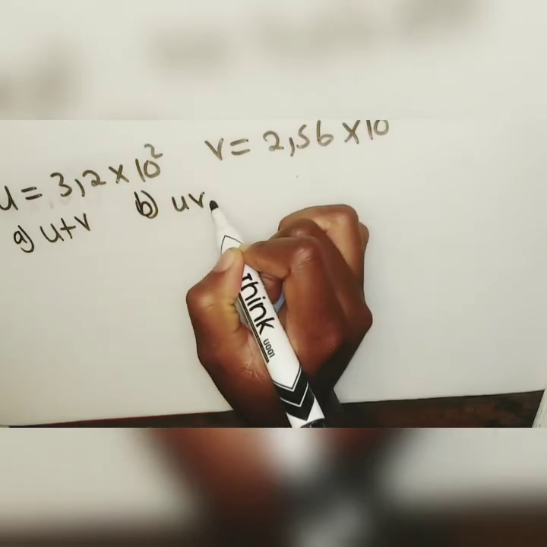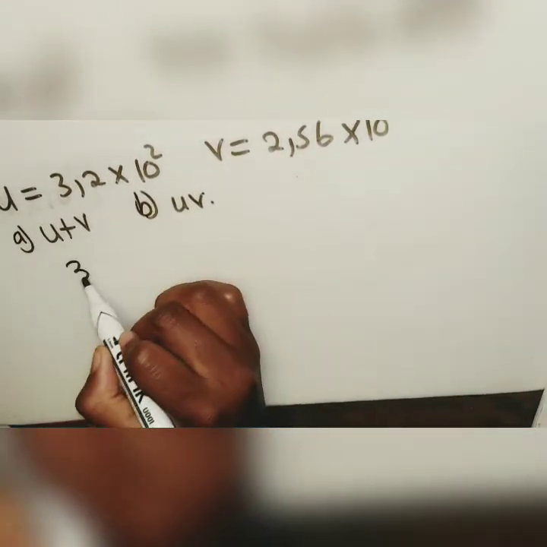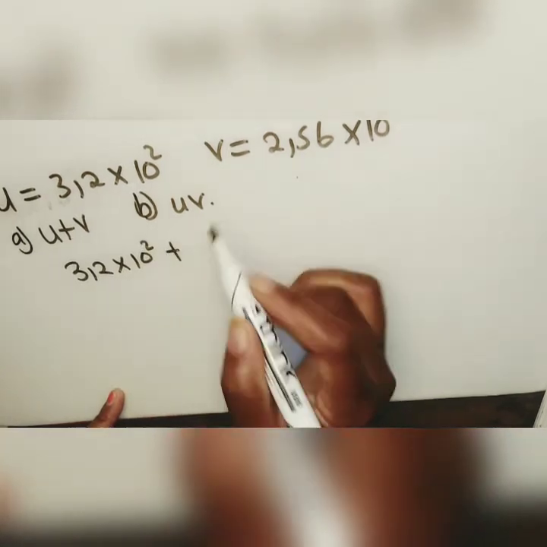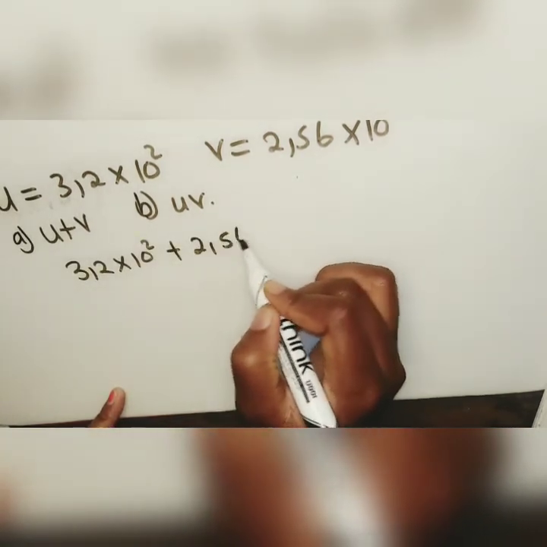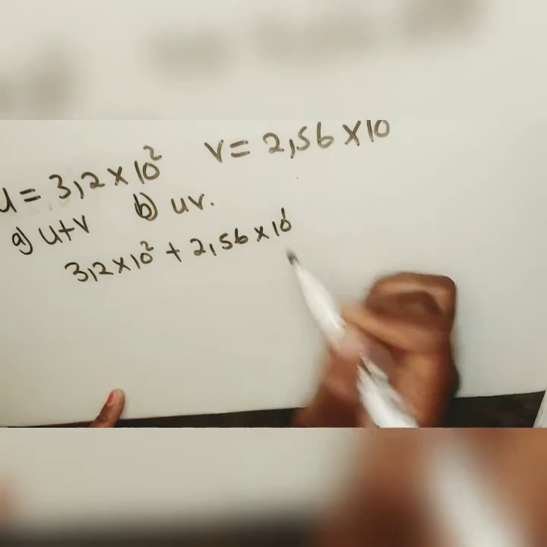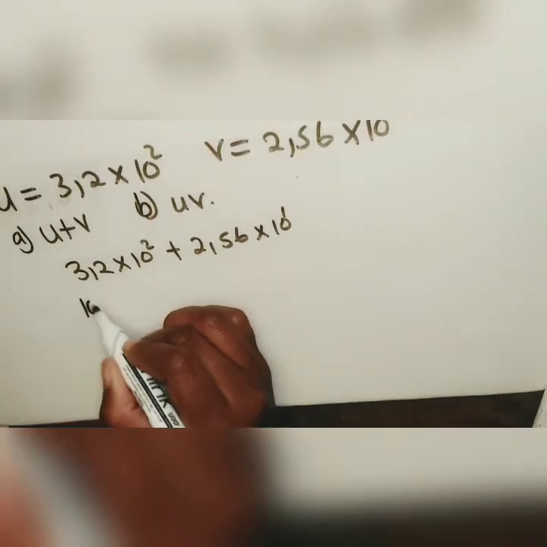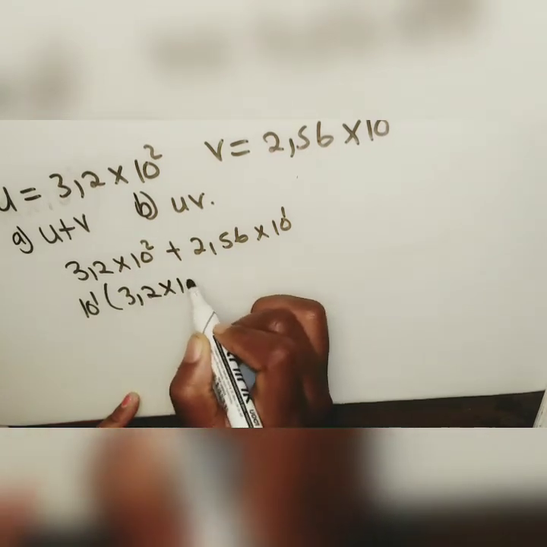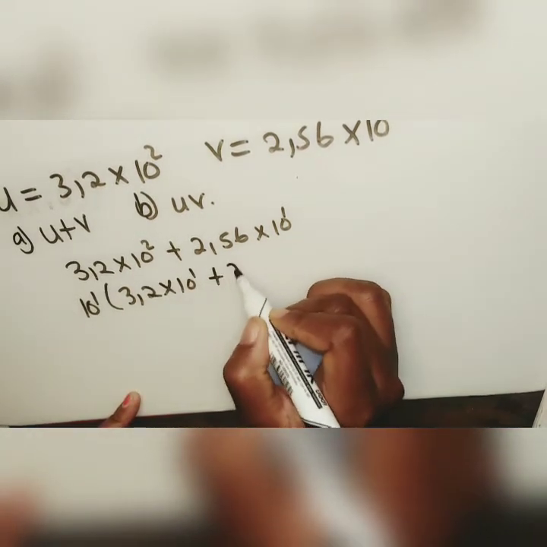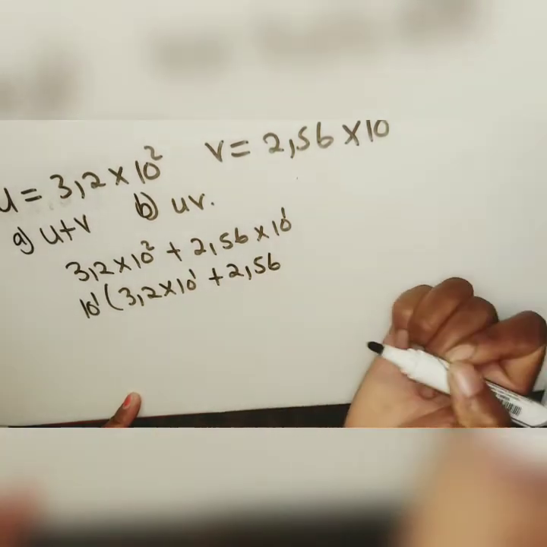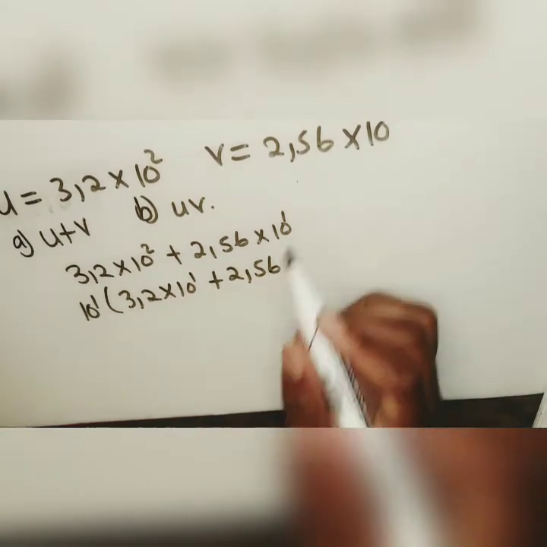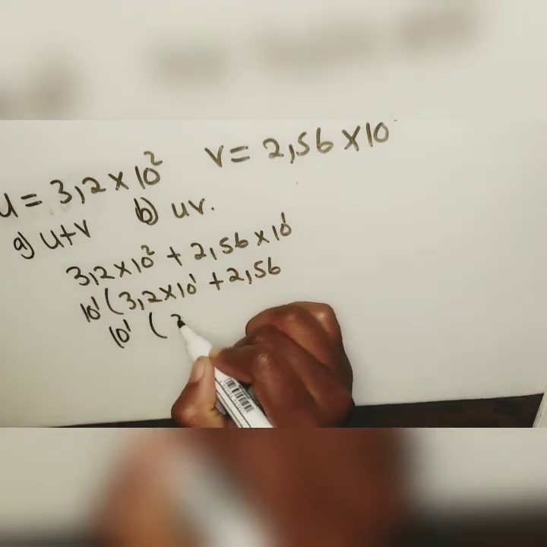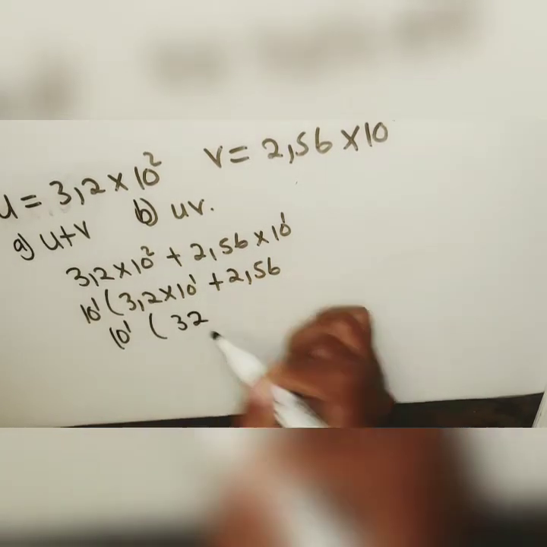So u plus v, we simply say 3,2 times 10 to the power 2 plus 2,56 times 10 to the power 1. You know, I like factoring out. We'll take out our 10 to the power 1. We'll remain with 3,2 times 10 to the power 1, which is just a 10, plus 2,56, right? So 3,2 times 10 will just give me 32, okay?